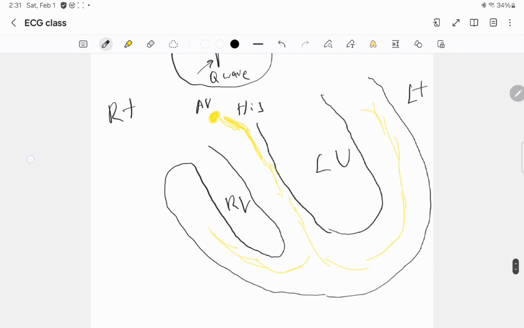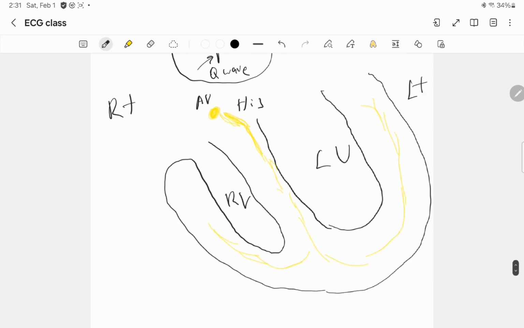Now, normal conduction proceeds, as we mentioned before, first to the AV node, where there's a normal delay, then to the His bundle. After the His bundle, there is initially depolarization of the left side of the ventricular septum first. So we have left septum, and then it depolarizes like this.